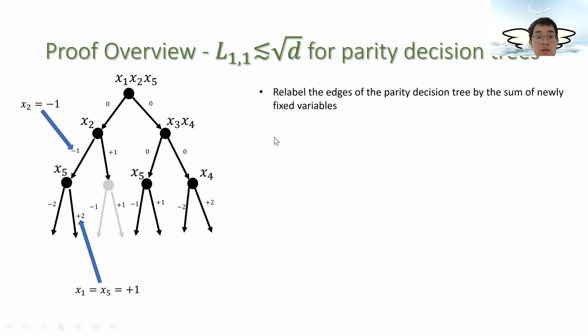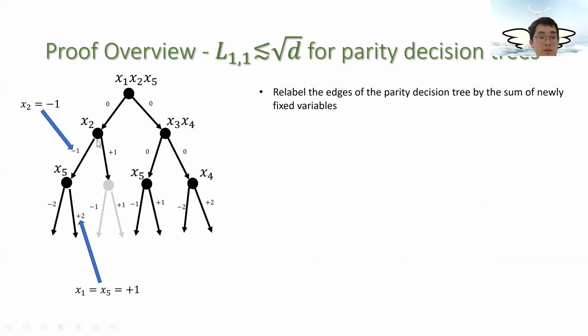Here is our relabeling process. We will relabel each edge of the parity decision tree by the number of newly fixed variables. For example, when we query at the root the product of x1, x2, and x5, although we know whether it's +1 or -1, we do not fix any individual x_i.